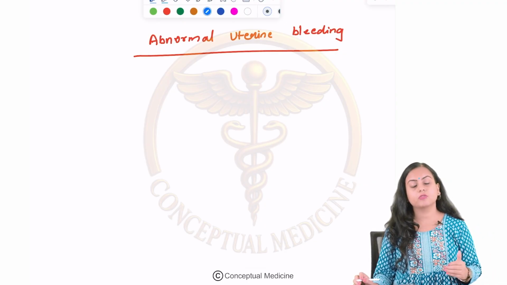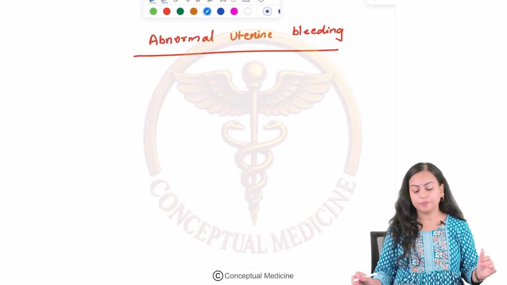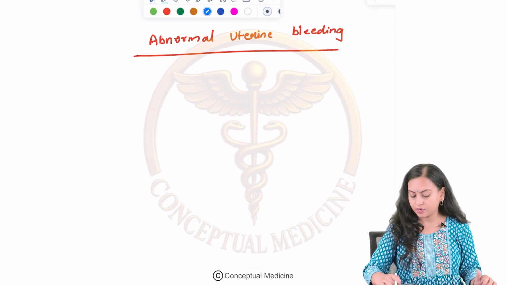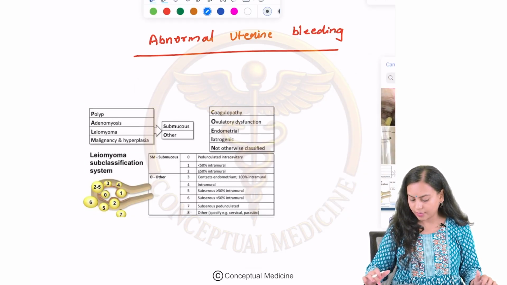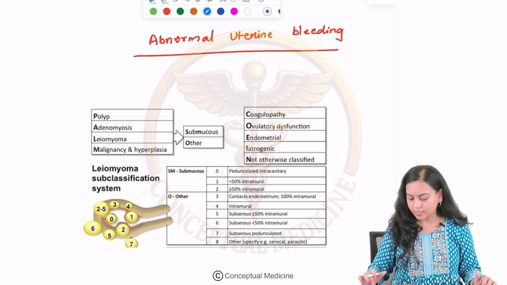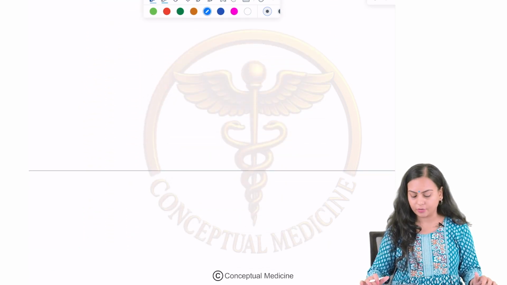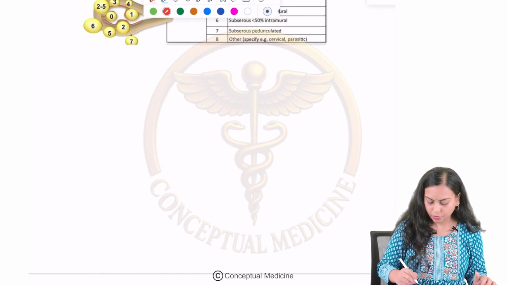So we are going to discuss the various components of that PALM-COEIN classification. Okay, so this is what we have discussed. Let's start discussing each one individually now, right? So let's start with polyp.